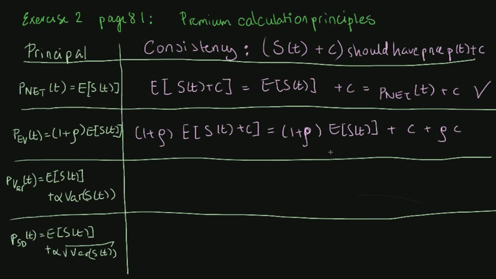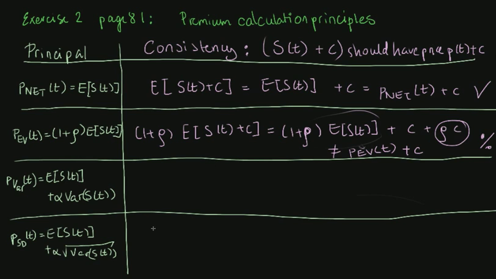And that's a problem because this is not equal to the premium given by the expected value principle of S(t). I mean, this is not equal to this because I have an extra rho c term. And because of the extra rho c term, this principle does not satisfy consistency.